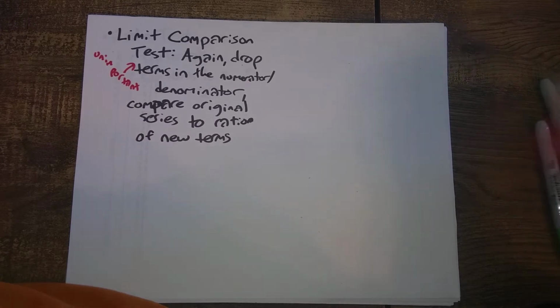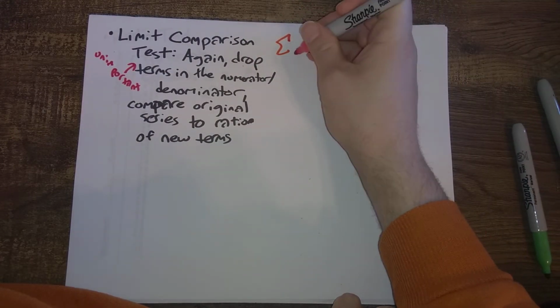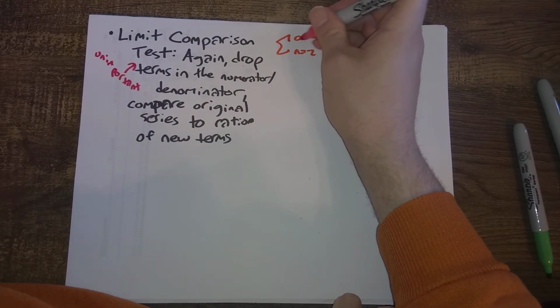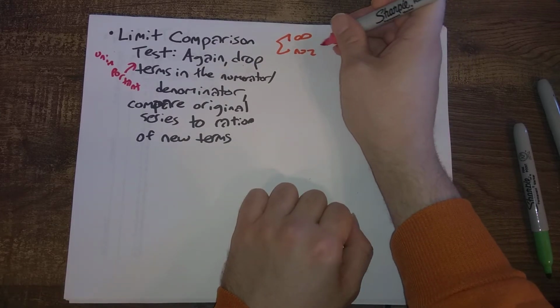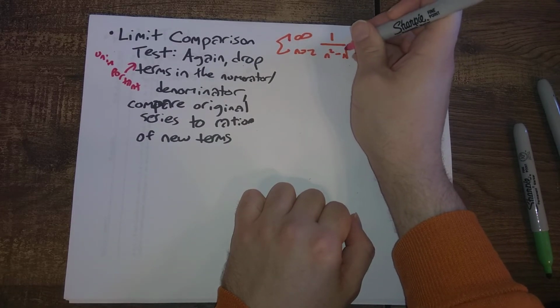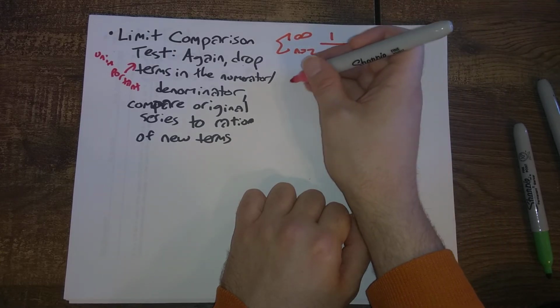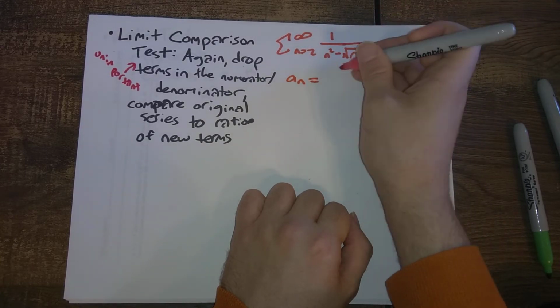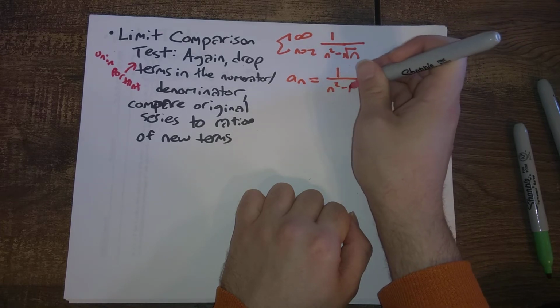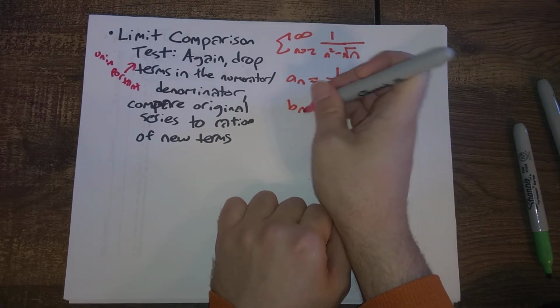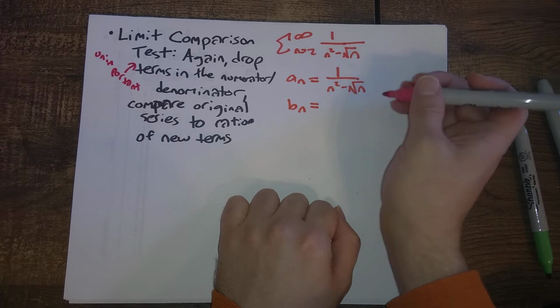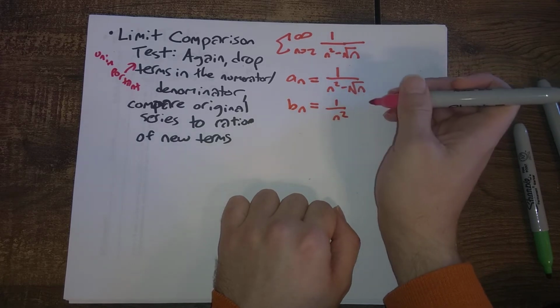So again, let's be thinking about the sum from n equals 2 to infinity of 1 over n squared minus square root n. We'll compare a sub n, which is 1 over n squared minus square root n, and b sub n, which is 1 over n squared.